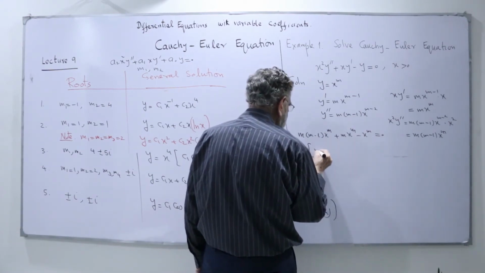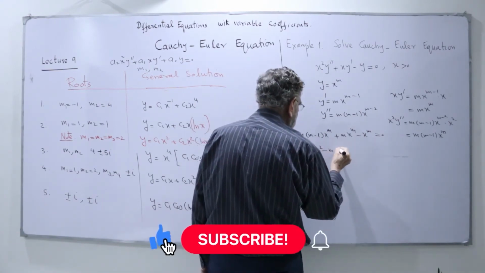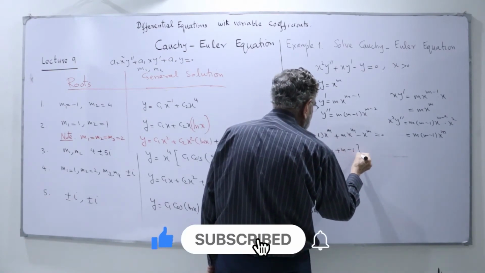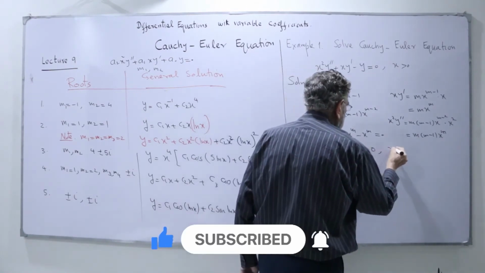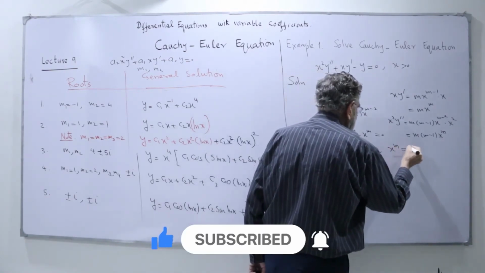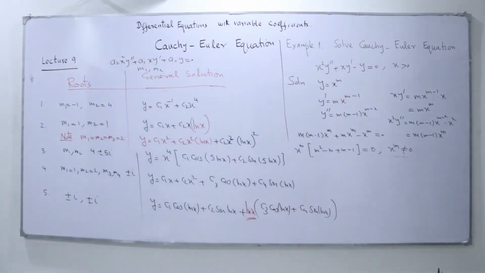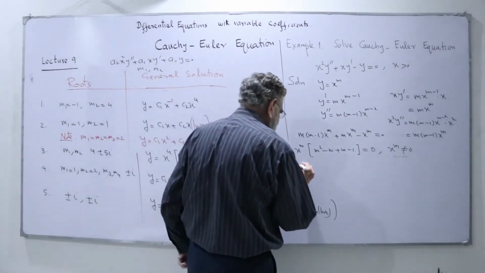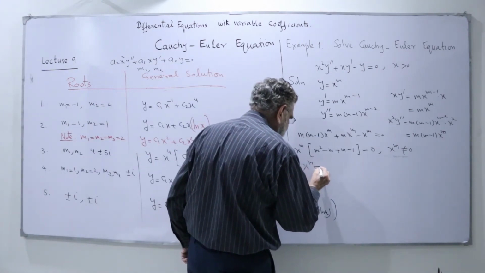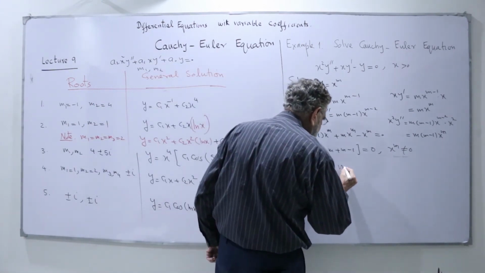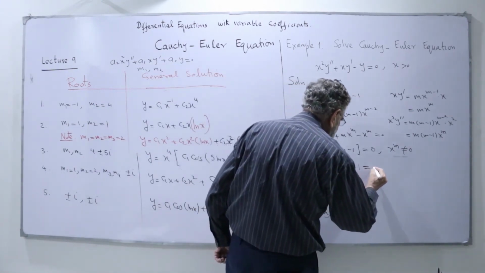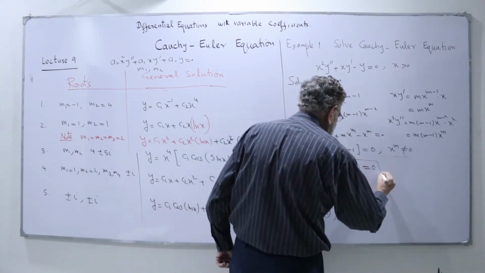We get m square minus m plus m minus 1 is equal to 0. As before, I told you x to the power m is not equal to 0, so we get m square minus 1 is equal to 0. This is our characteristic equation.